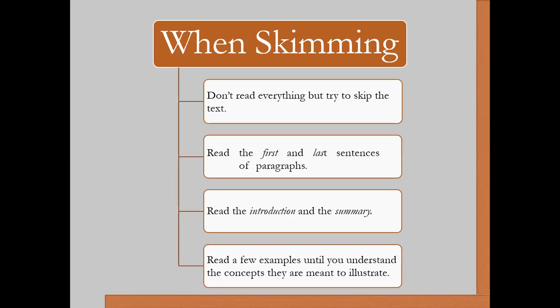So what you should do, this is suggested. I'm not saying this is an ideal way, and this is not a skimming technique, but just a tip for all of you: when you are doing the reading comprehension, you first read the question and then go back to the reading passage and move your eyes over the text and see where the information is located which the question is asking about.